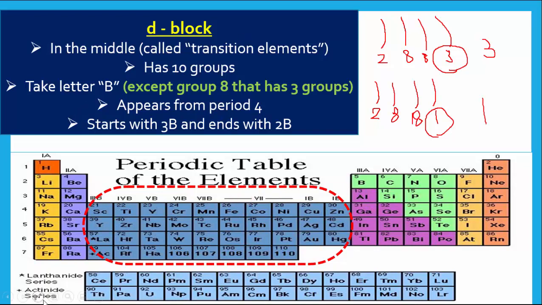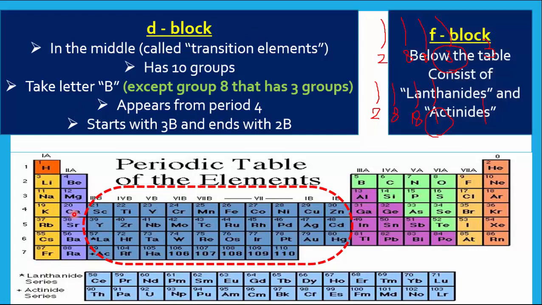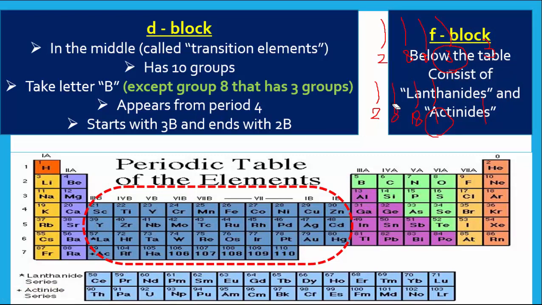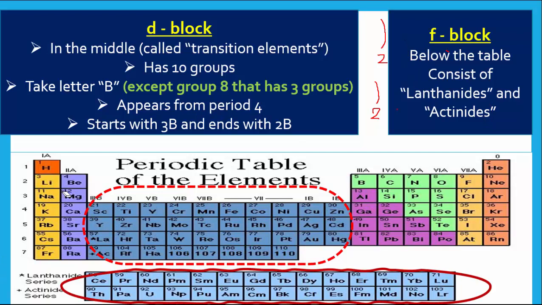What about the last block? The last block is called F block. Where is exactly the F block? Look, it's found below the periodic table.